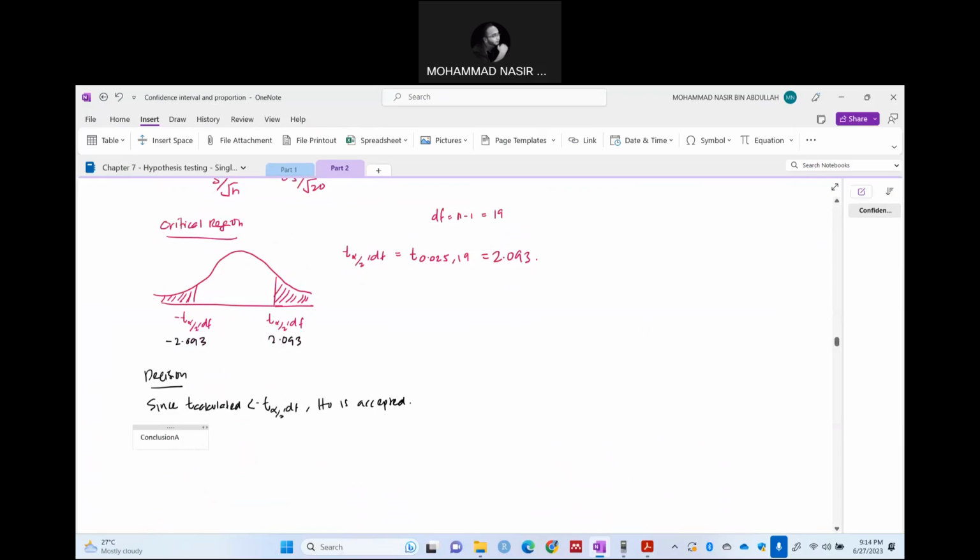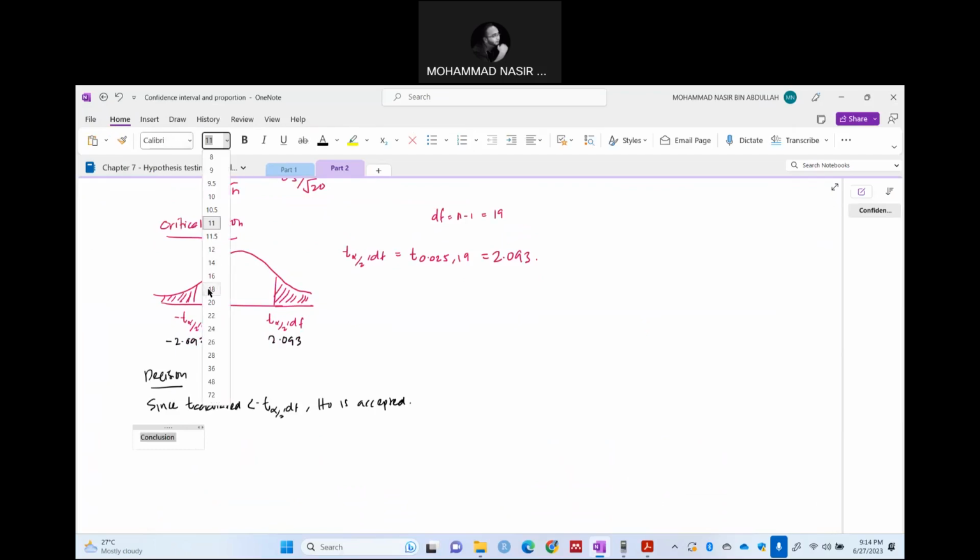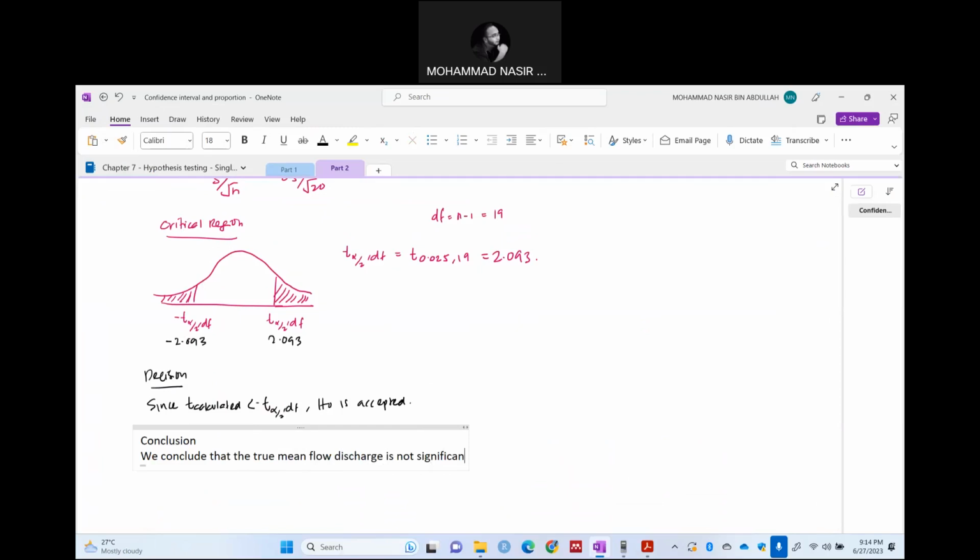So what is our conclusion? We don't have enough evidence, we conclude that the true mean flow discharge is not significantly different from 4 meter cube per second at 5% level of significance.